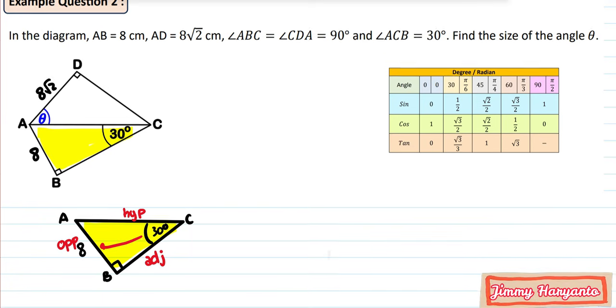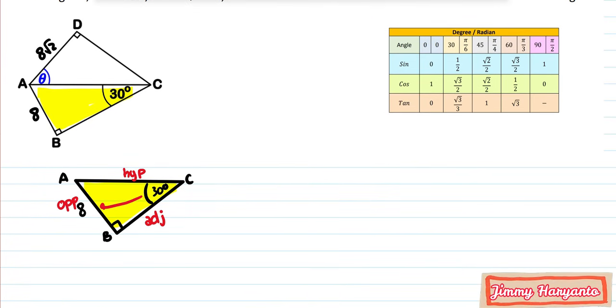For this triangle, I want to find the hypotenuse, because if we know the hypotenuse, we can use it for the other triangles. So for this one, I have the opposite and want to find the hypotenuse, so OH, we use sine 30. Keep in mind that you have to write it correctly, or else you will have difficulties later. So this is opposite over hypotenuse.